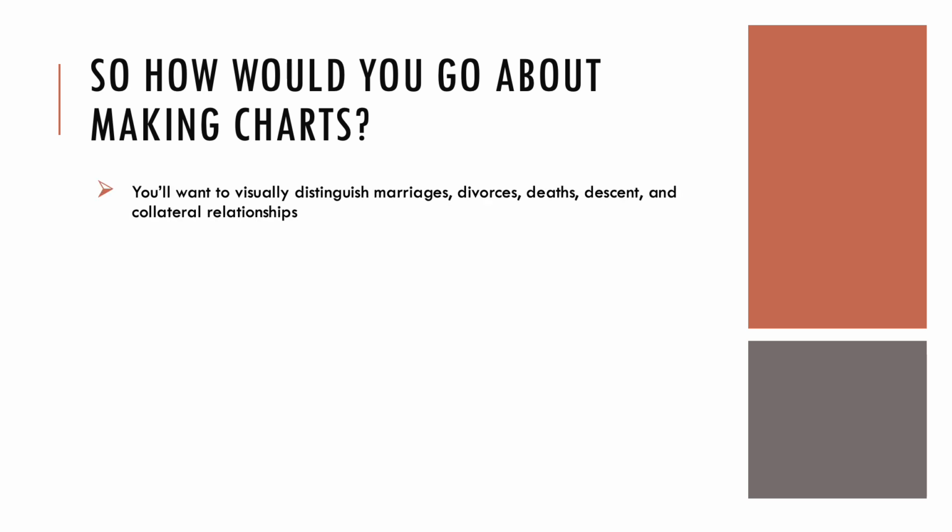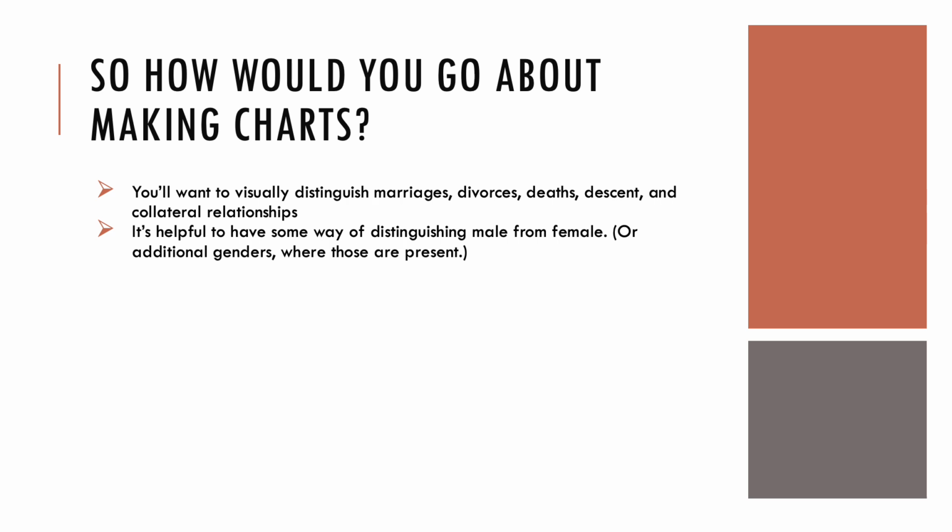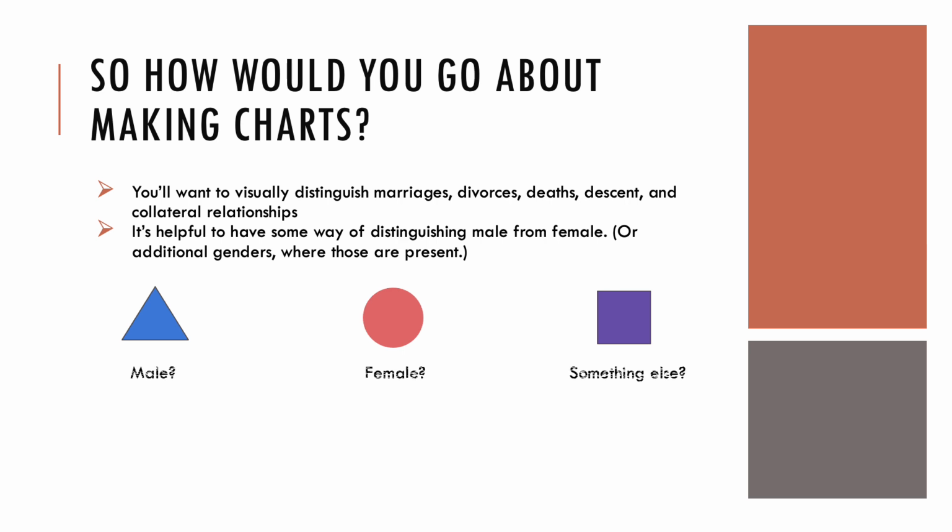You will want to distinguish marriages, divorces, deaths, descent, and collateral relationships. It is helpful to have some way of distinguishing male from female, and also a way of marking additional genders where those are present. If somebody is non-binary, if somebody is two-spirit, you want to be able to do that somehow. Typically, we do this with shapes.